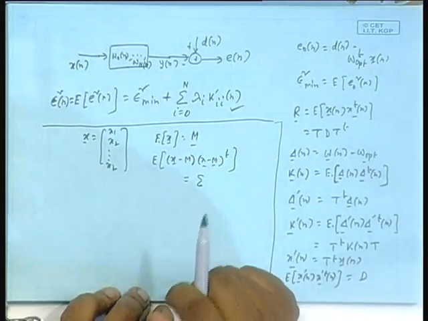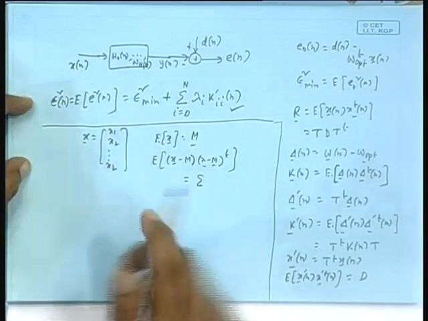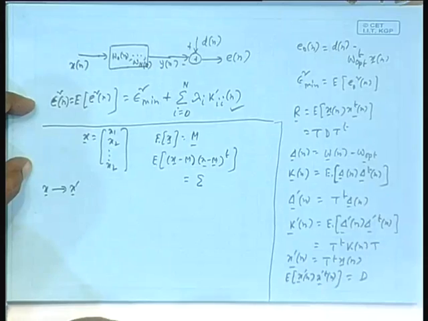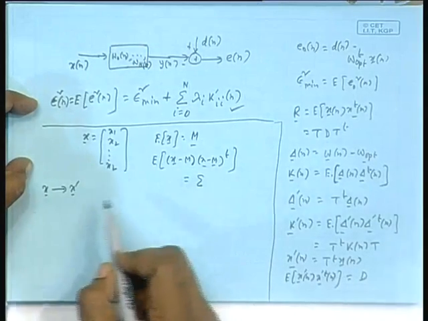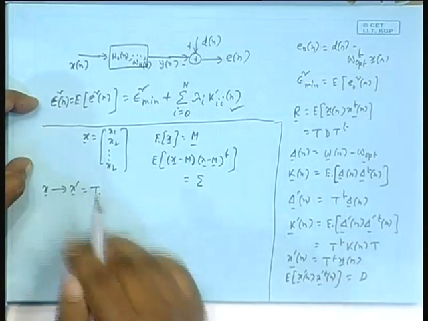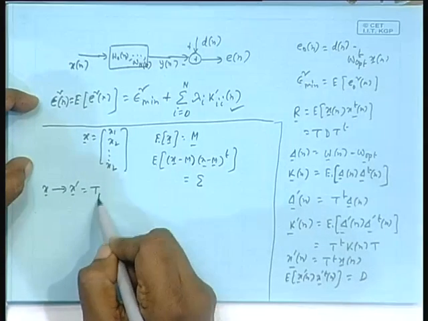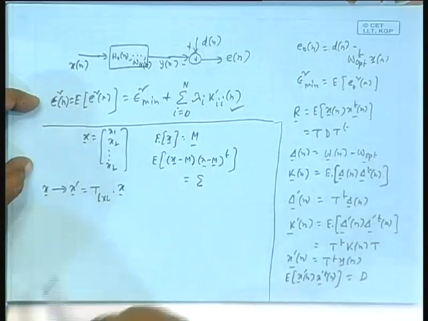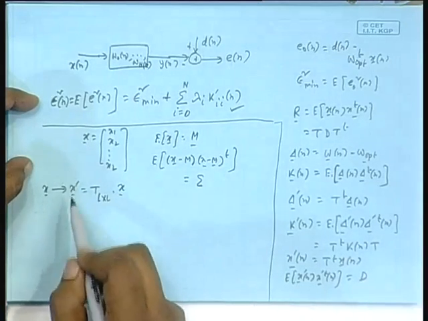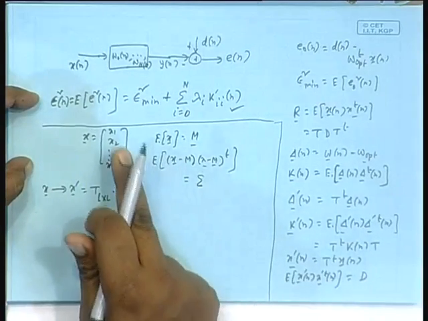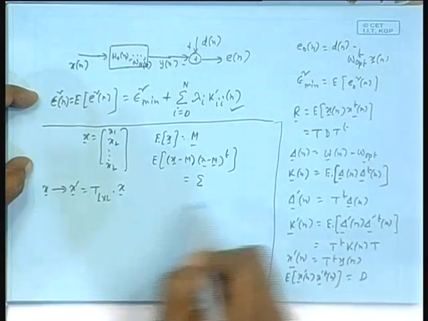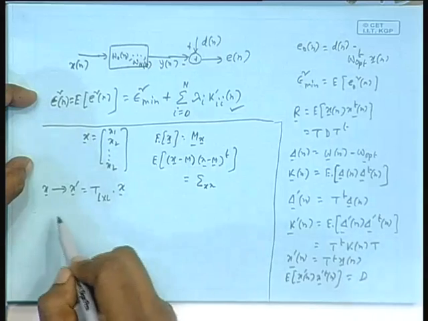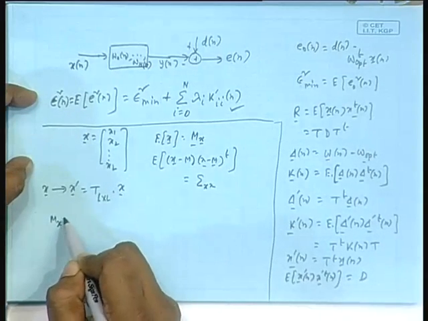Suppose this is given and you want to transform the x vector to another vector x prime linearly, that is, x prime equals T times x, where T is a square matrix, L cross L, of your choice. Then firstly x prime also will consist of random elements, after all they are coming from x1, x2 up to xL. If I call the mean m_x and the covariance sigma_xx, what is m_x prime?